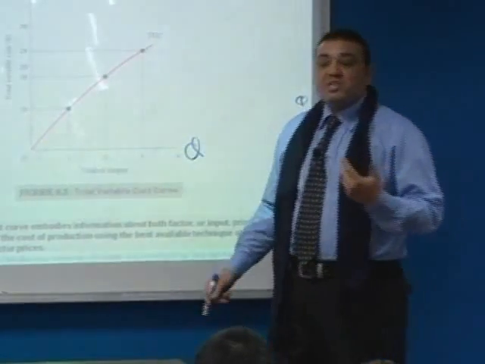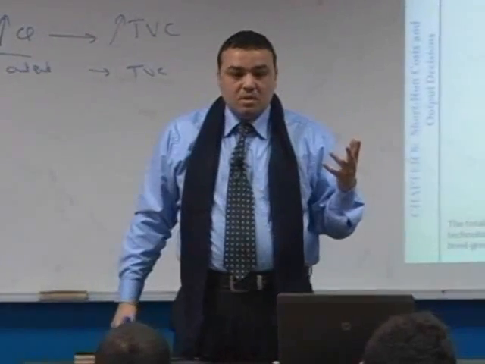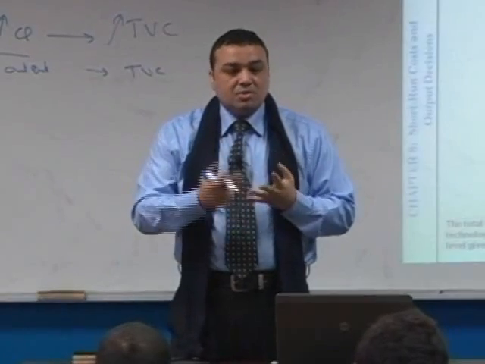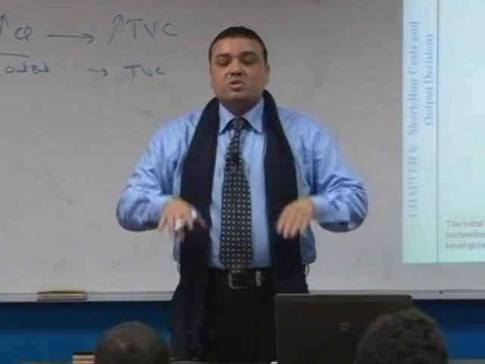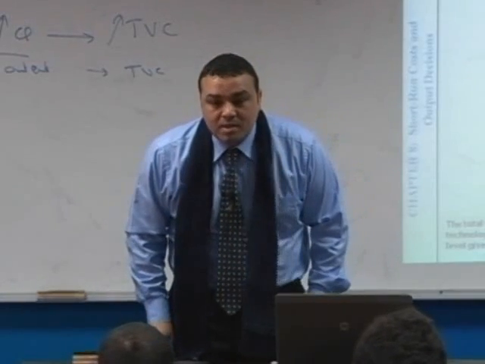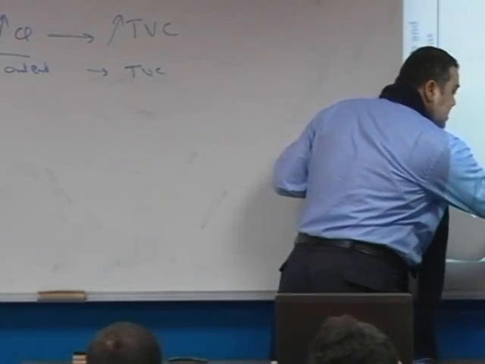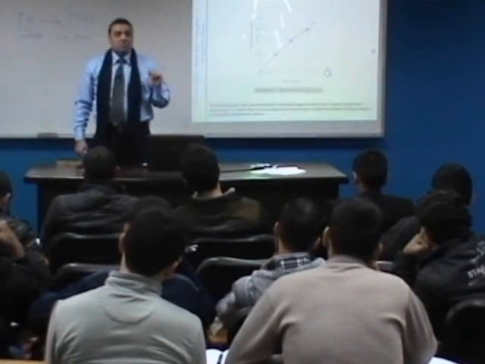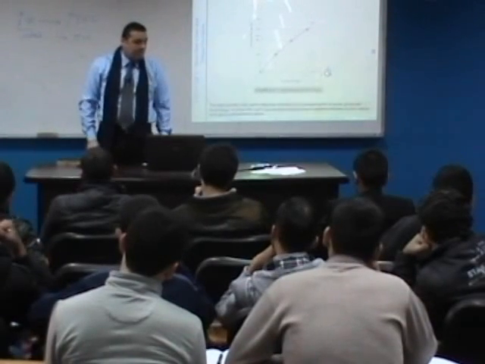If our production of bricks equals zero, we don't need labor, we don't need raw material, we don't need cement to produce, right? So in this case, the total variable cost would equal what? How much? Zero. Excellent. So if our production equals zero, the total variable cost is zero. So the total variable cost curve starts from zero, right?